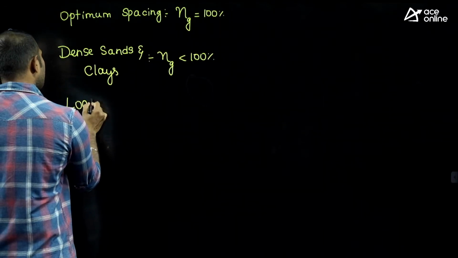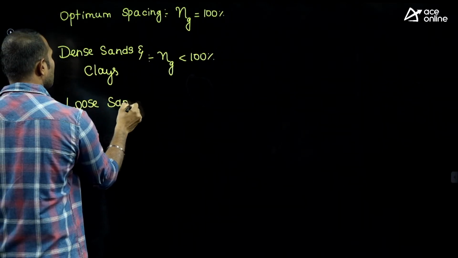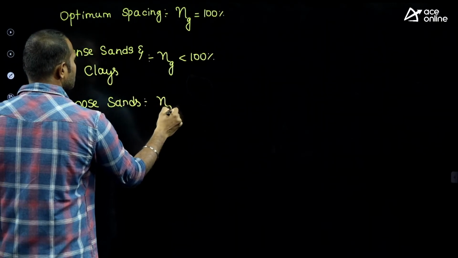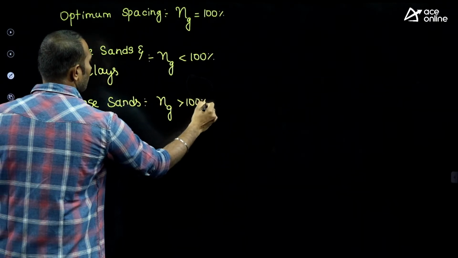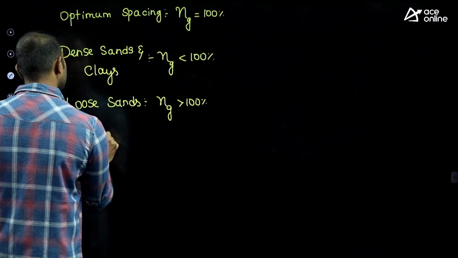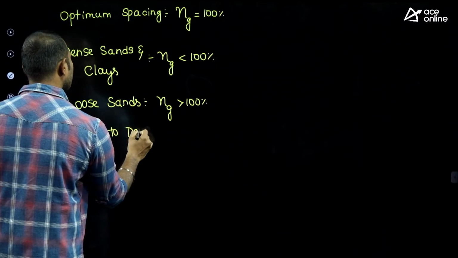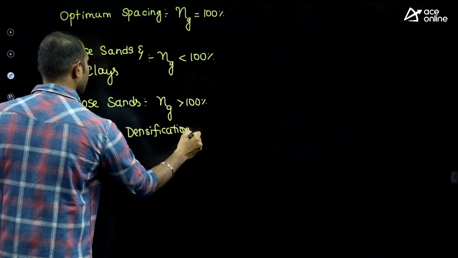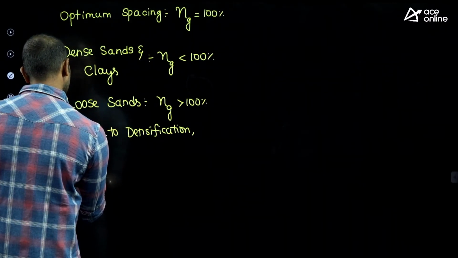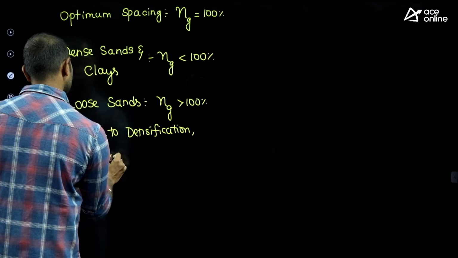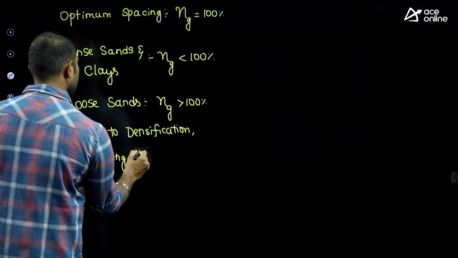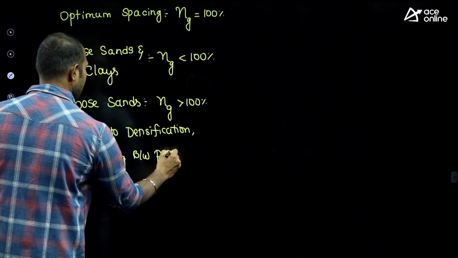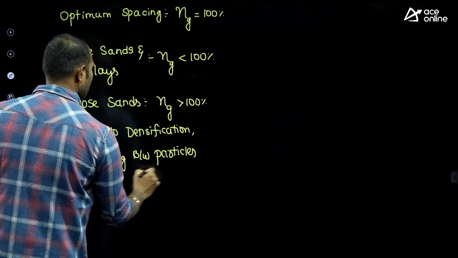Whereas in the case of loose sands, the group efficiency is greater than 100%. Why, sir? In loose sands, due to densification, interlocking between particles increases.